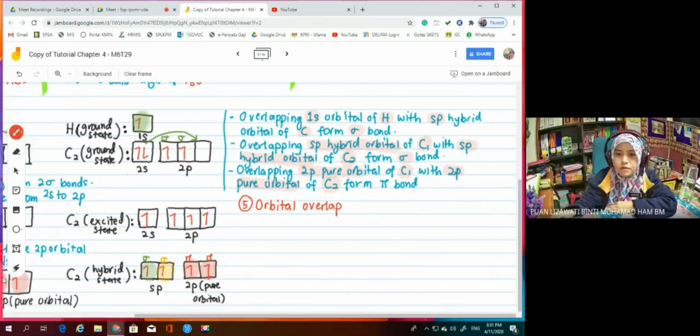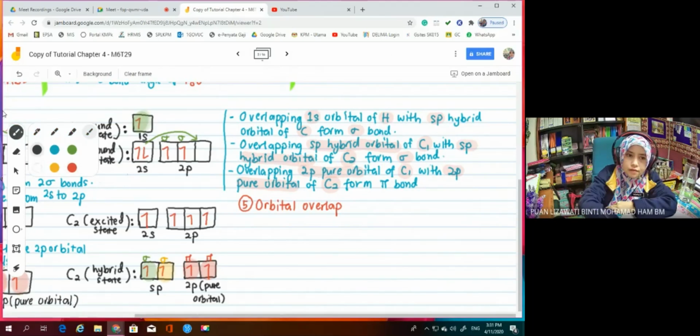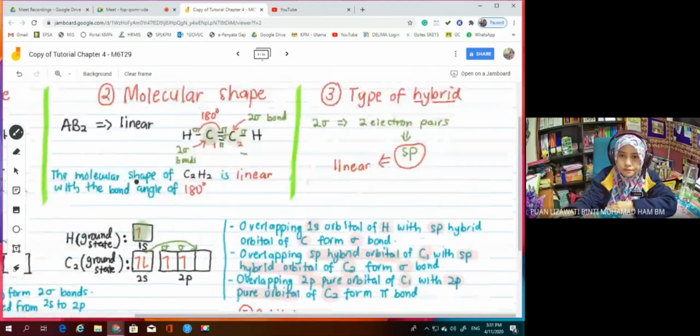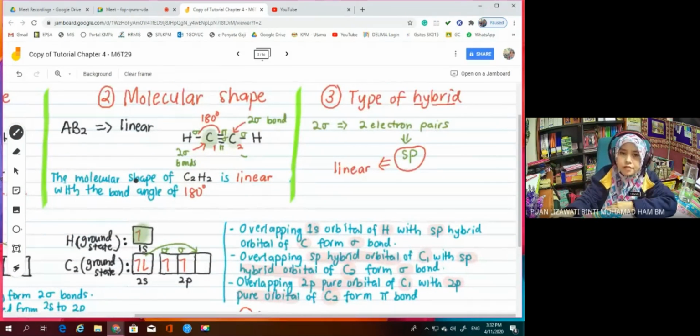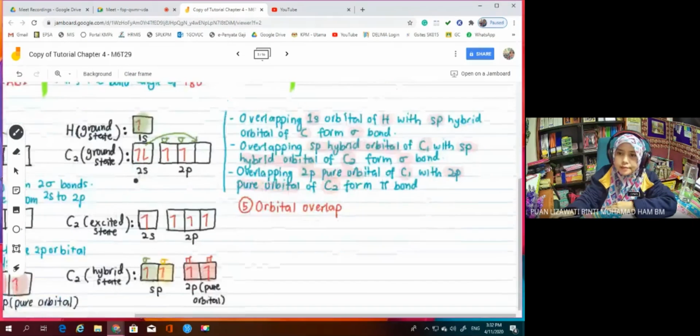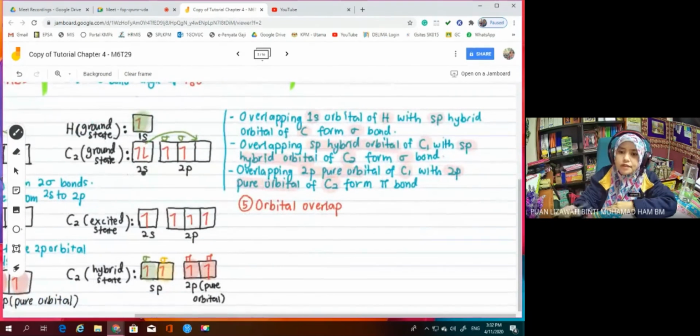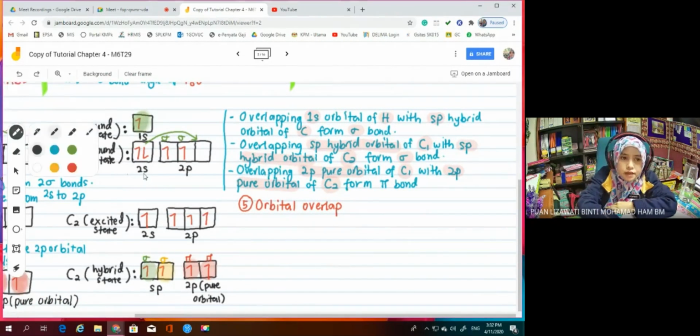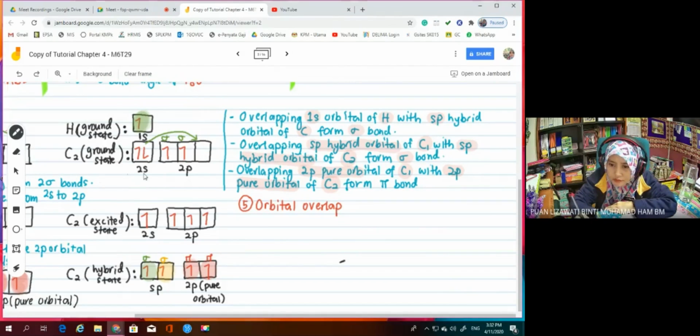Okay, now we move to orbital overlap. For the orbital overlap, you can use the molecular shape as the reference. So you know that the two sp hybrid orbitals are arranged in a linear shape. Okay, so first you have to draw the sp hybrid orbital for the first carbon.